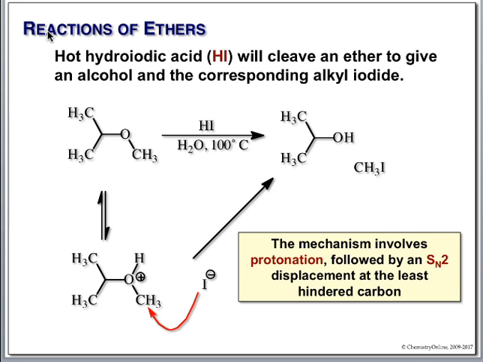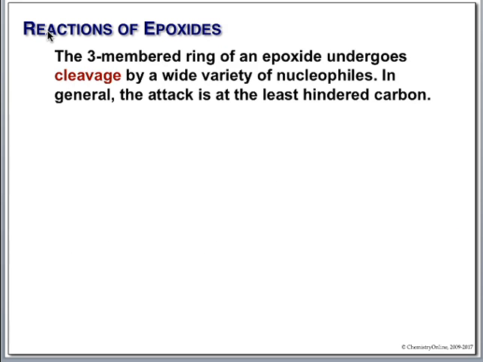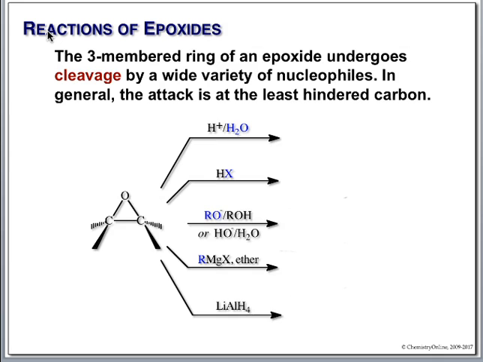Now, everybody's favorite ether, as I've said many, many times, is the epoxide. The epoxides undergo a plethora of reactions. These are all going to be ring-opening reactions. A nucleophile is going to attack at the least hindered carbon, so the easiest to get to. When it does, it's going to push this ring open and form a new bond.